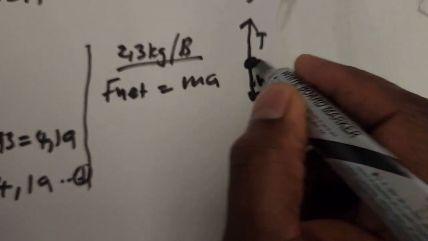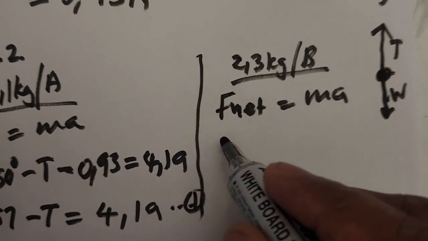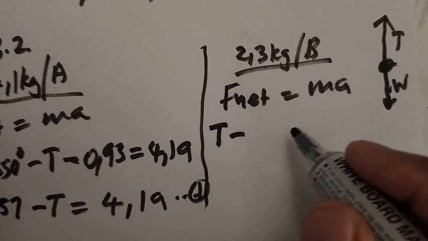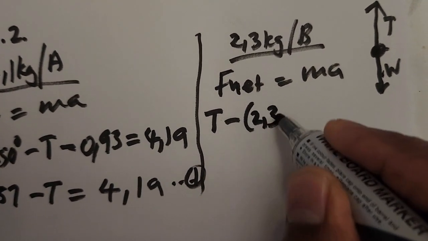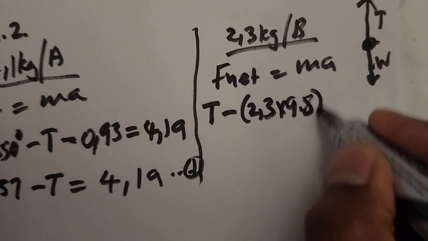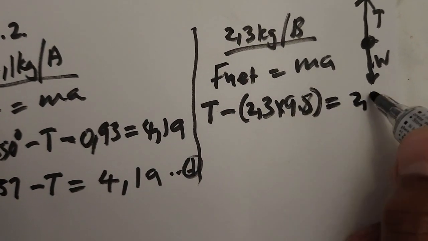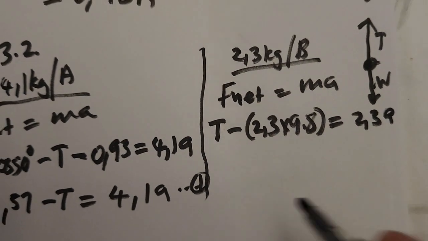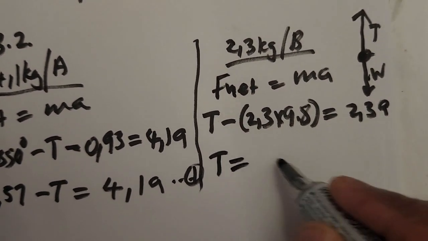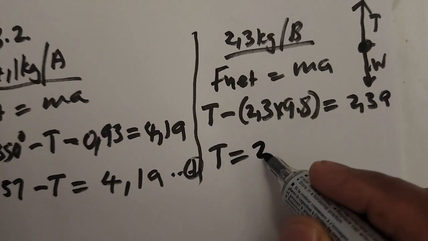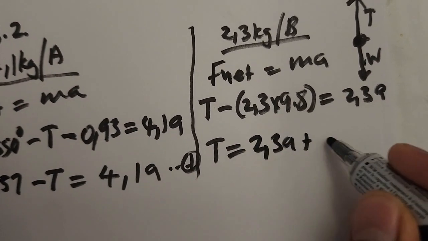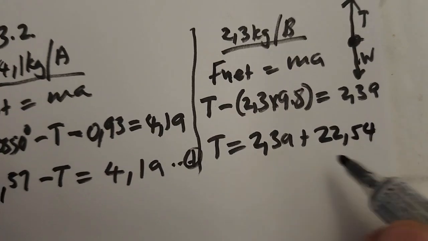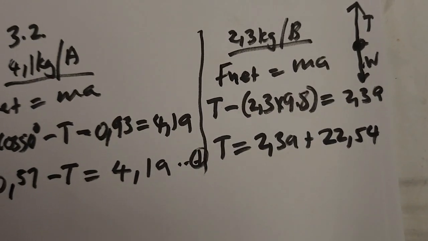Therefore, the tension is bigger. Therefore, I will have tension minus the weight, in brackets 2.3 multiplied by 9.8, and then equals to 2.3a. Fine. Then if I simplify it, I can now say the tension equals 2.3a plus 22.54, which is the product of this.